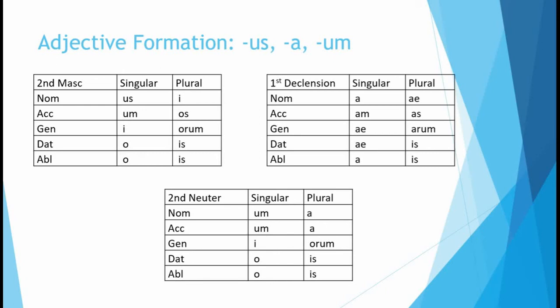So, for example, if I was giving something to the good boy, because adjectives have to match the noun they describe in person, case, and number, then we need to make sure that it is in the dative.